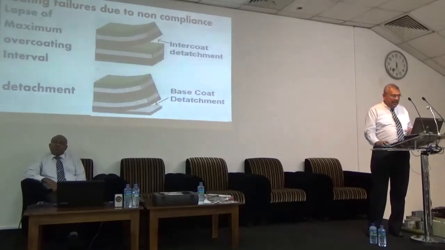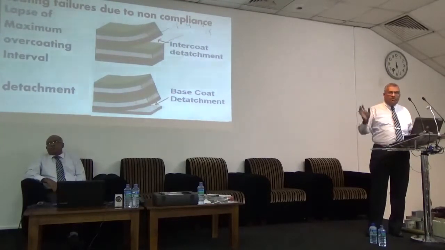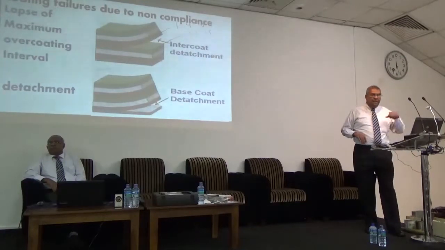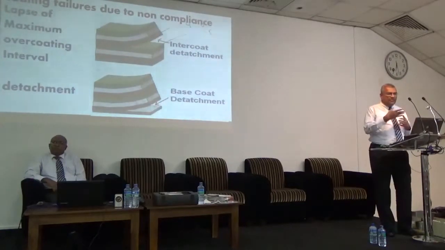That is because this paint was applied on 1st January 2015 and this paint was applied 1st April 2015. 3 months have gone. So there can be peel off like detachment.